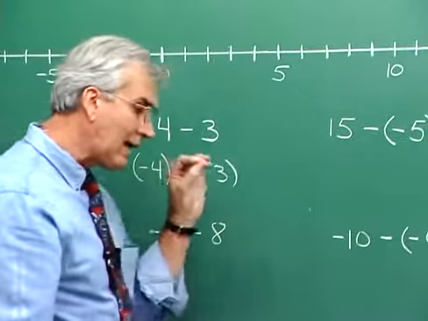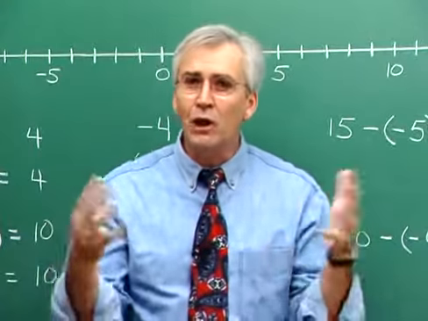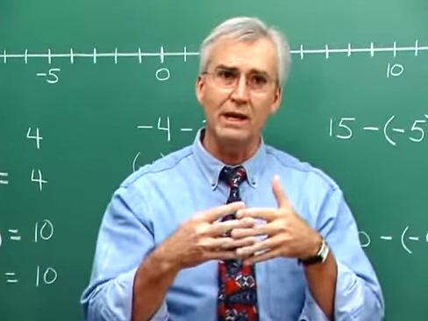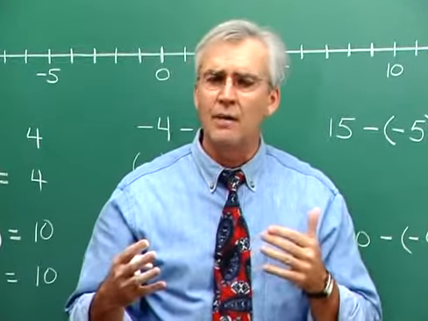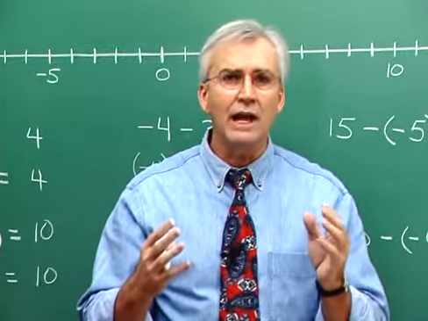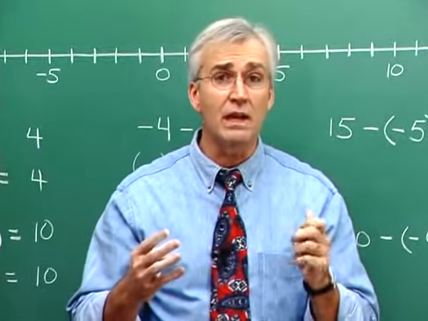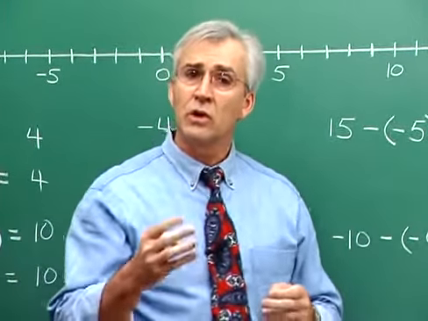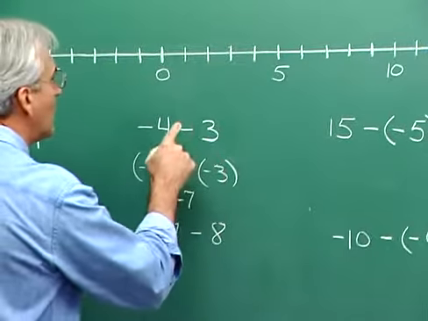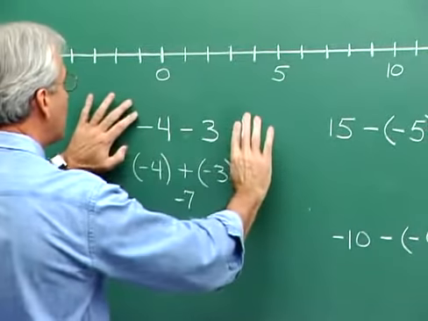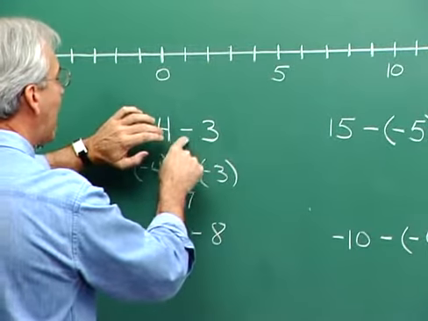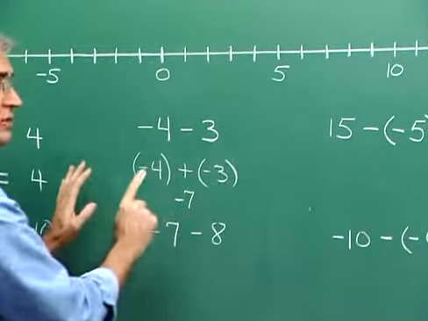Now, I am deliberately blurring the difference between minus and negative. I'm saying that minus and negative mean pretty much the same thing, that we can interchange those two ideas. So here, whether you interpret this as saying subtract 3 or add the negative of 3, it means the same thing.